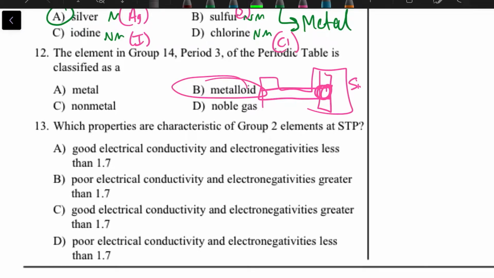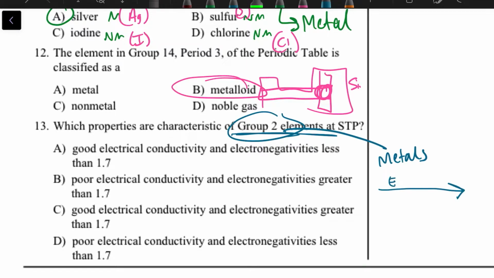If we continue, number 13, which properties are characteristic of group 2 elements? So group 2, again, we are talking about metals, and we're talking about electrical conductivity and electronegativities. We said that as you go across, electronegativity increases. So if the highest electronegativity value is on the right-hand side, things on the left are going to have low electronegativity values.